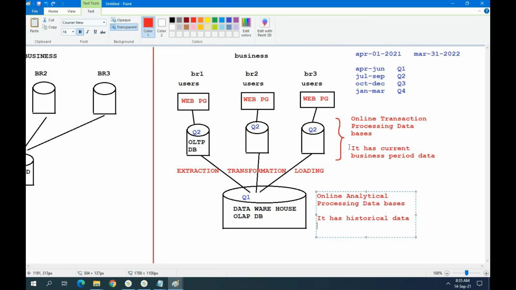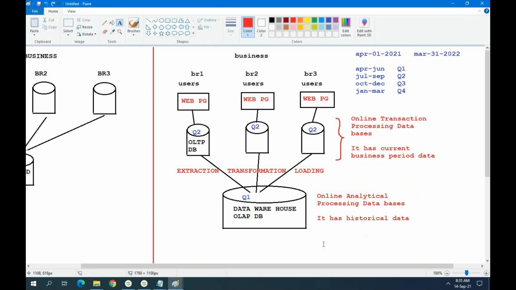So see, current data in OLTP is useful for transactions, the working day. Old data is always for analysis purposes. Why are we maintaining old data? We should maintain it.